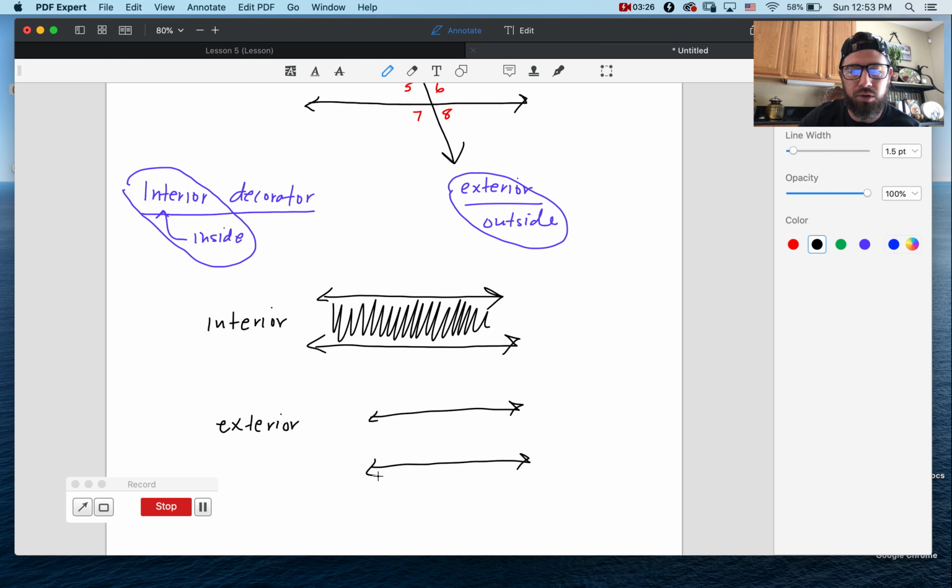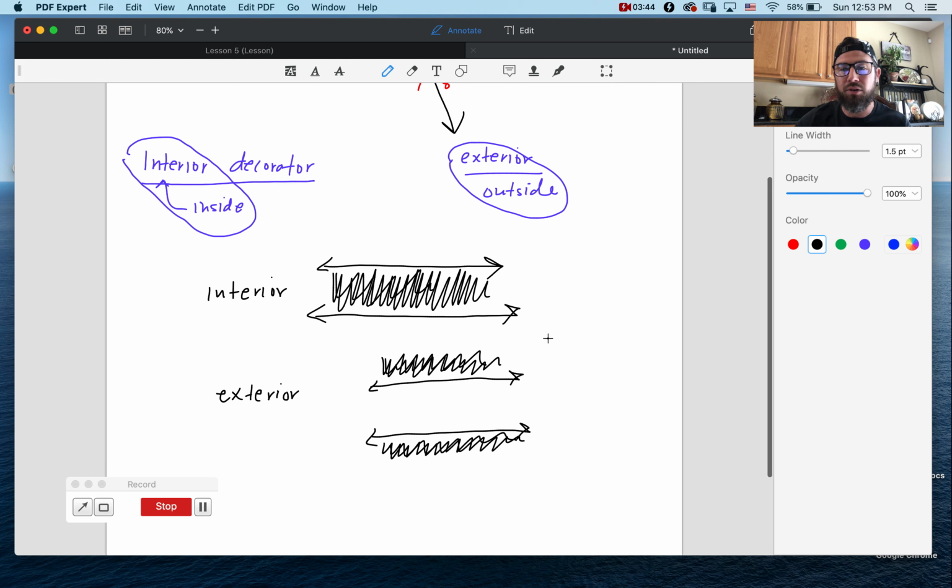You can just watch. I'll tell you when you need to start really taking notes. We're on the outside of the parallel lines. So you need to get in your head: interior means inside the parallel lines, exterior means outside of the parallel lines.